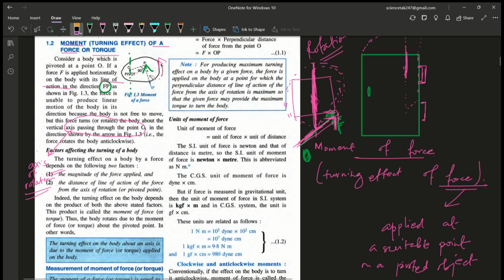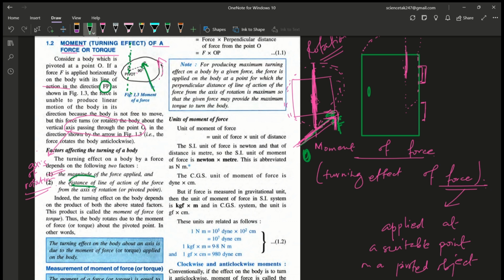Now the axis of rotation is perpendicular to the plane passing through the point O. Now the perpendicular distance between these two is going to be OP. OP is the perpendicular distance between the line of action of force and the axis of rotation. This is the distance which is going to matter.